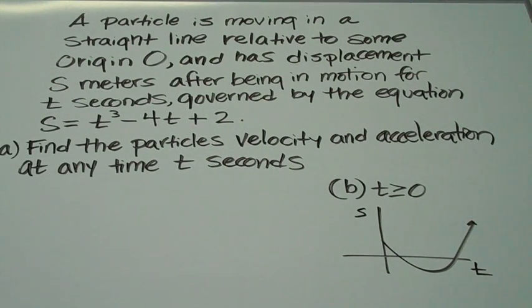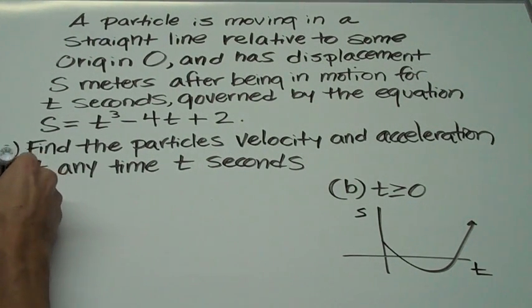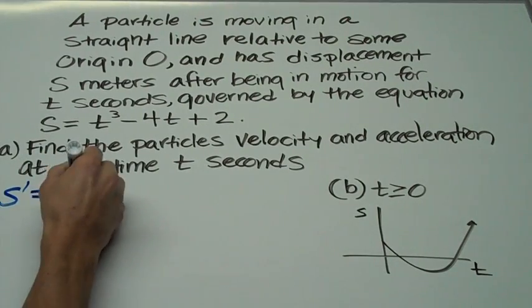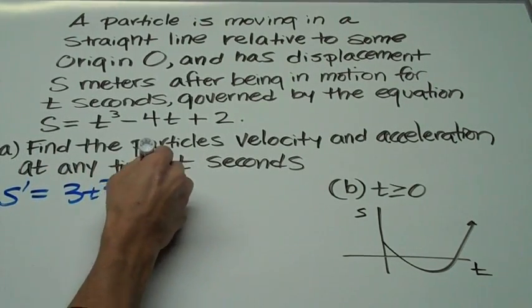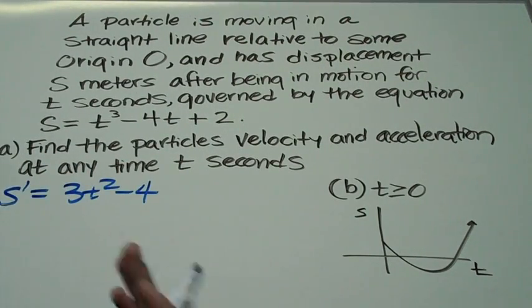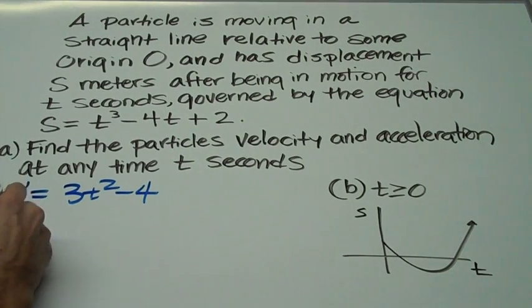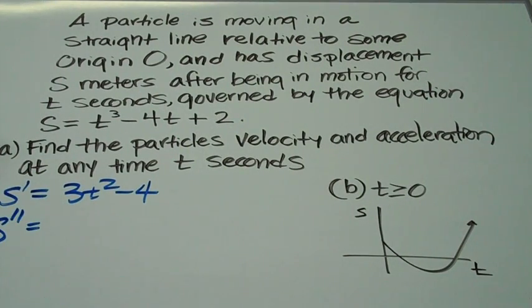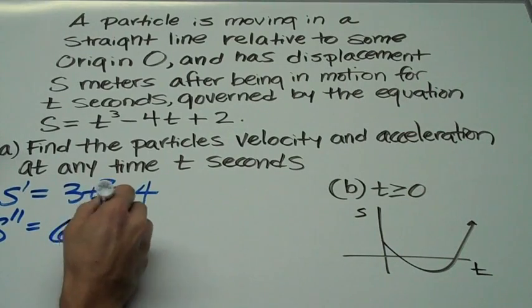Find its velocity. Well, that's going to be s prime, which is equal to 3t squared minus 4. I just found the first derivative. The first derivative of displacement is velocity. That's the velocity. Find its acceleration? Well, that's going to be the second derivative, which of course is just 6t.